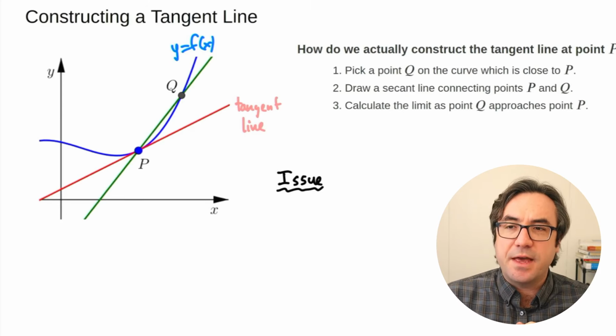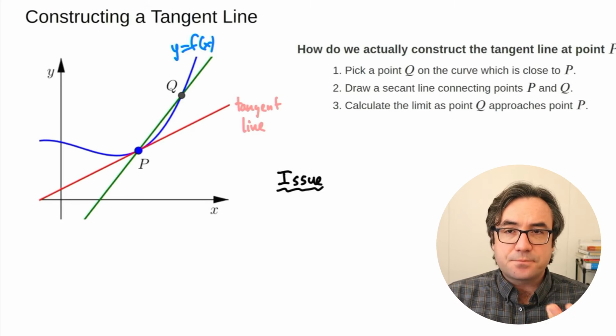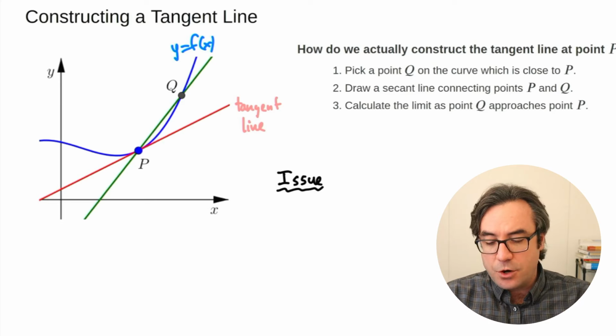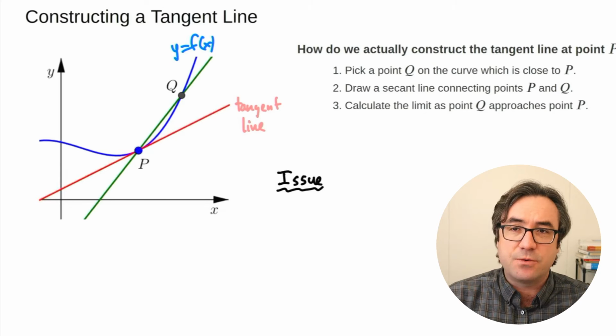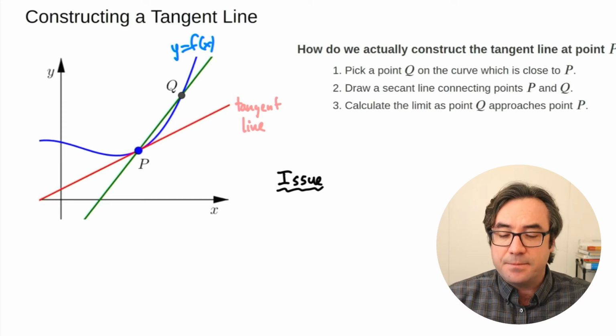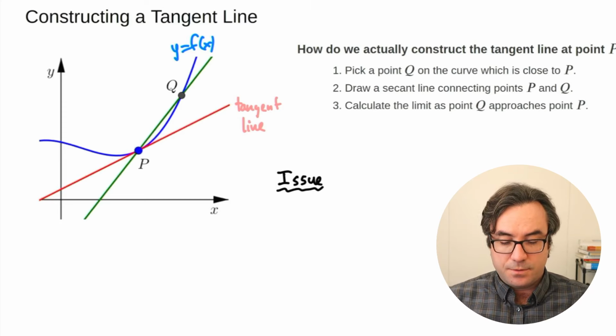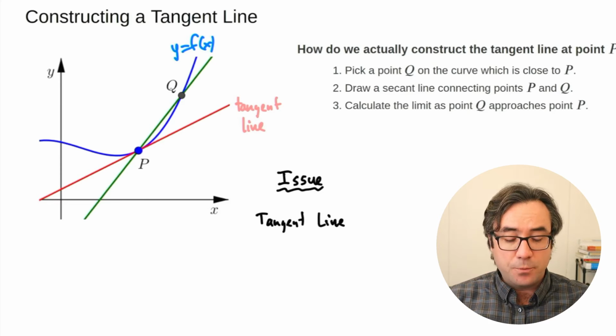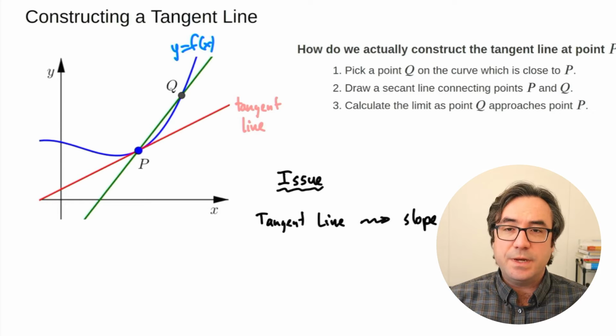Well, the difficult thing with constructing a tangent line, or knowing the equation for a tangent line for a general curve, is that in order to get the equation for our tangent line, we need to know two things. We need to know the slope, and we need to know a point.